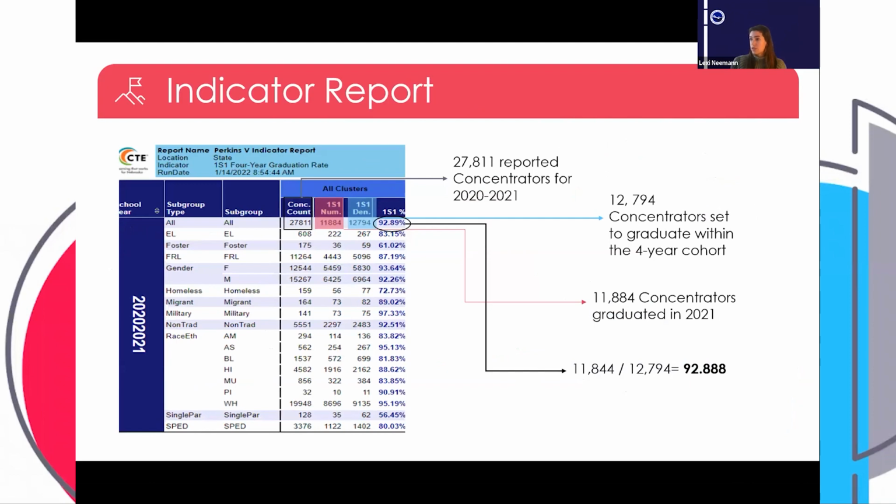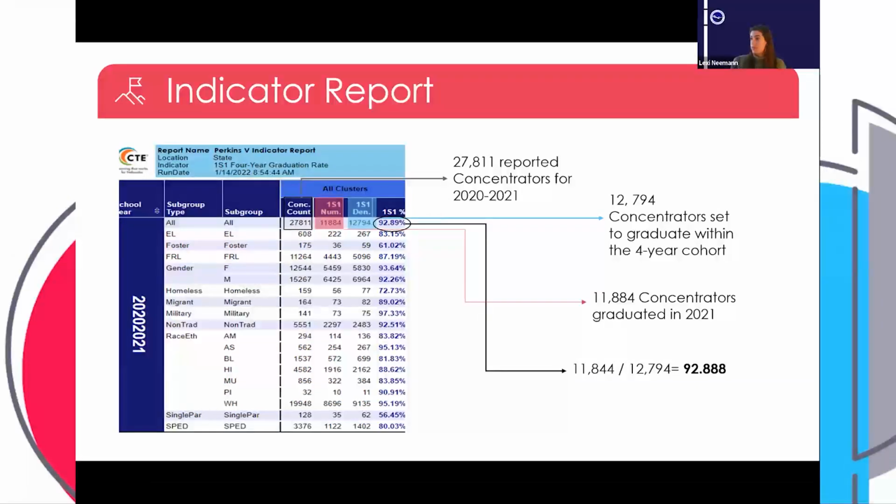This will give raw student counts for each subgroup, the numerator and denominator, down by student count. You'll notice that there were 27,811 total concentrators in the state of Nebraska, and of that, 12,794 were part of the 4-year cohort set to graduate, and 11,884 of them actually graduated.